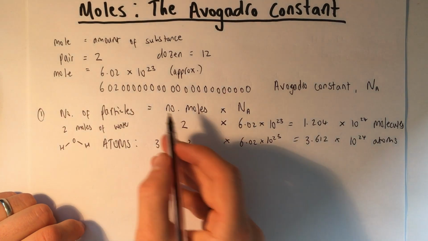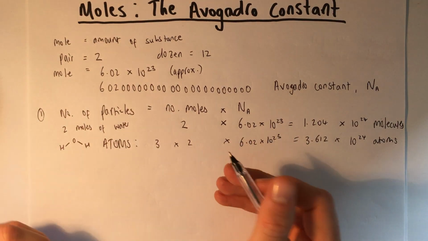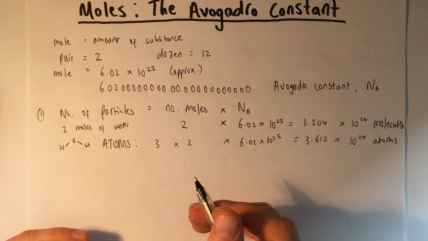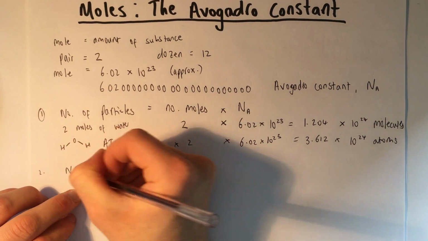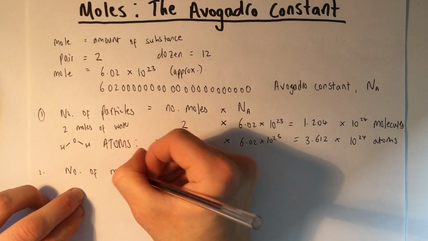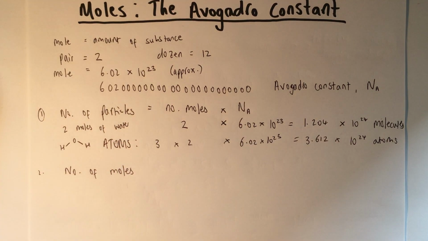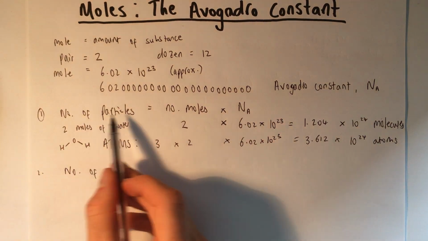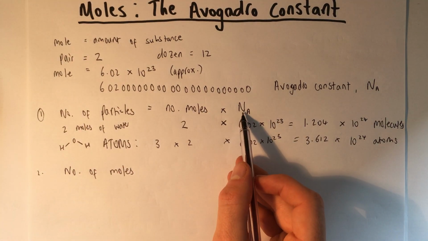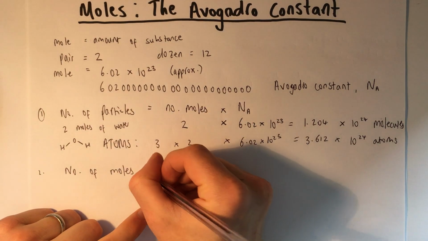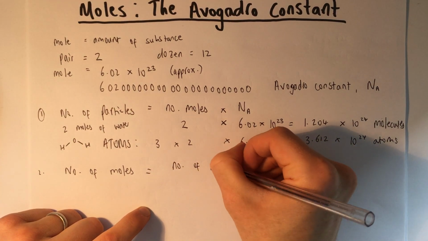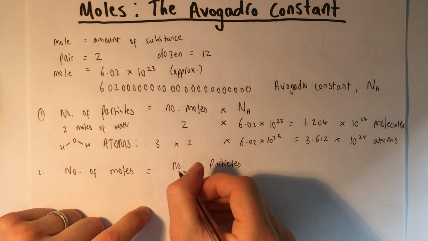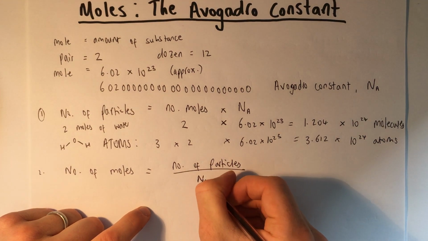Okay, just rearranging that, if we knew the number of particles of something, we could actually work out the number of moles of it. So, working out the number of moles, if you imagine we just divided both sides of this equation by the Avogadro constant, the number of moles is the number of particles divided by the Avogadro constant.